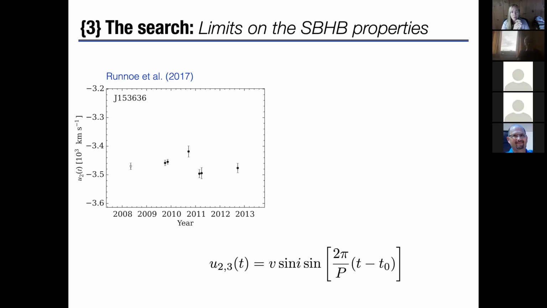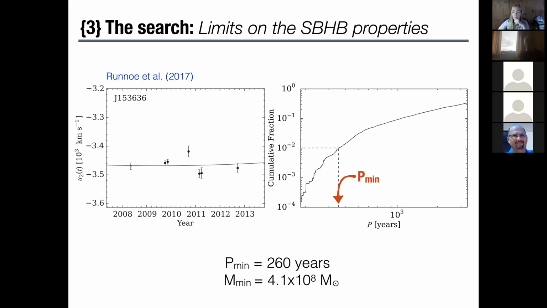If you assume that the period is not much shorter than your observations, which certainly can't be true because such a system would be too close to have a broadline region without destroying it, then by having this duration of observations, I've placed a limit on the curvature that the sinusoid can have. And so effectively you get a limit on what the period can be.